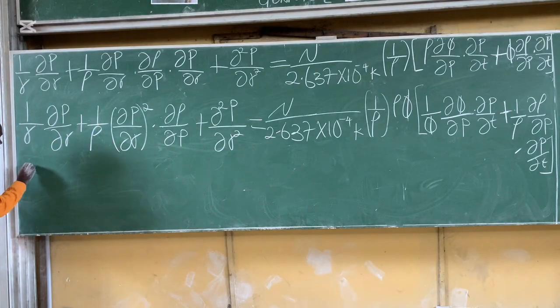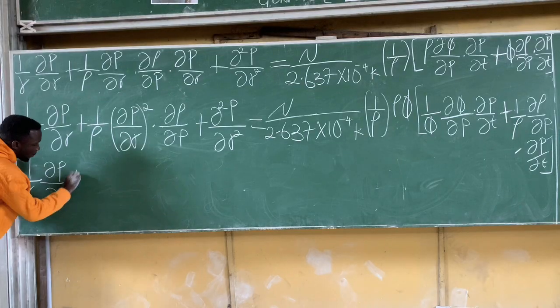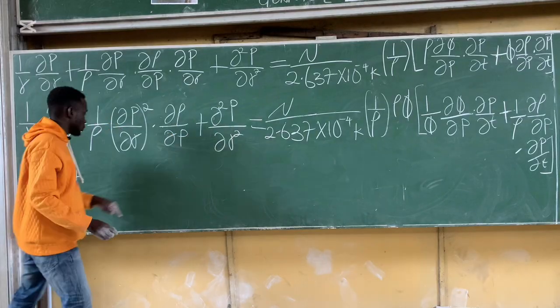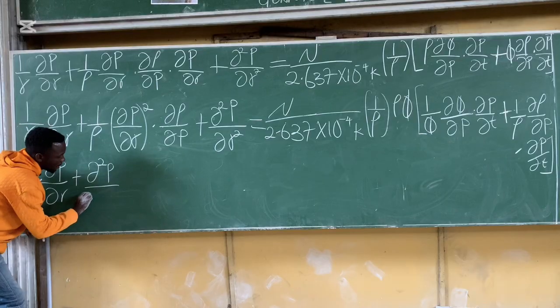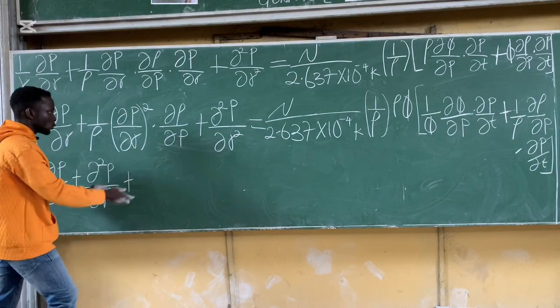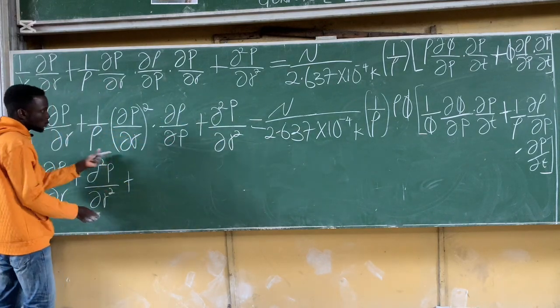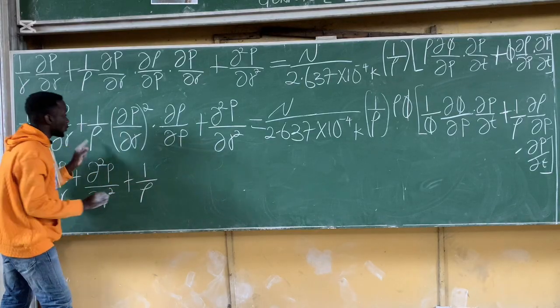So if we do that, we are going to have 1 over r ∂p/∂r plus, instead of writing this one first, let's write this one. So we are going to have plus the ∂²p divided by ∂r². Then plus, now we just wrote this one, which is this. Now let's write this one. Now this one, we can simply write it as plus 1 over rho, which is this.